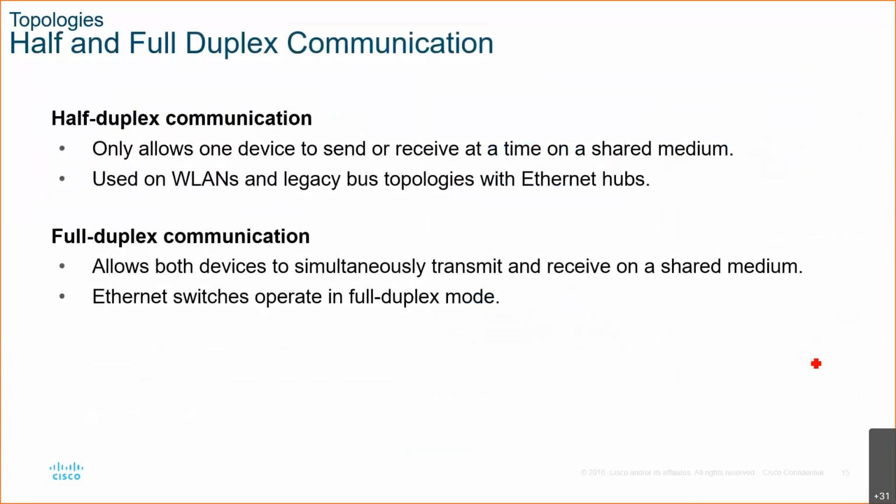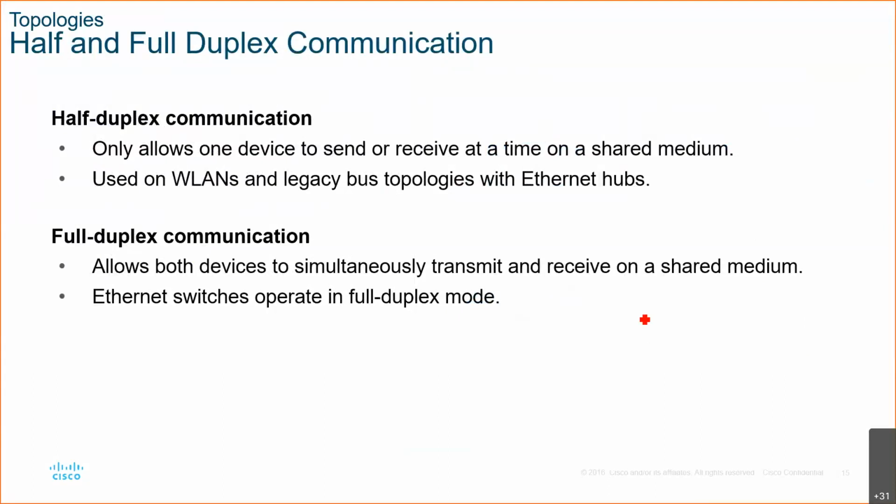Now, when you have a communication, the communication can be half duplex or full duplex. Obviously, full duplex is what we need, okay? Both devices can communicate simultaneously at the same time. For example, our Ethernet switches, that's why they're very fast, okay? Half duplex will only allow one device to send or receive at a time.